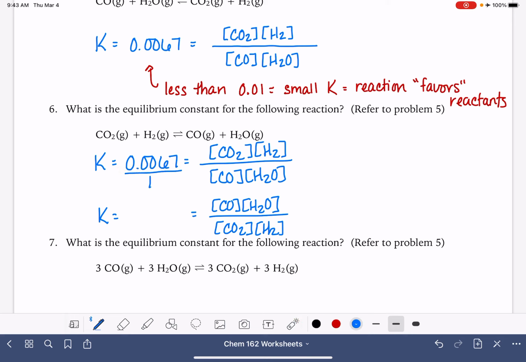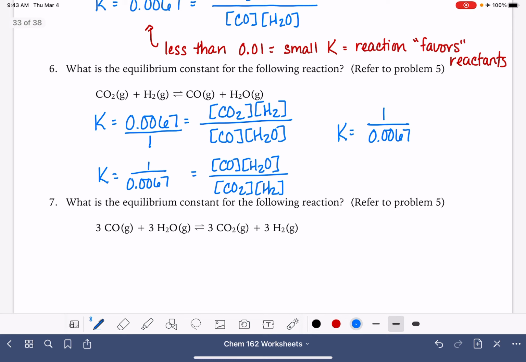Might be a little bit more helpful to think of that as a fraction, and then that means that we want to swap this fraction as well. So if you reverse the direction of a chemical reaction, you invert the value of K. The value of K is going to be 1 over 0.0067, whatever that works out to be mathematically.